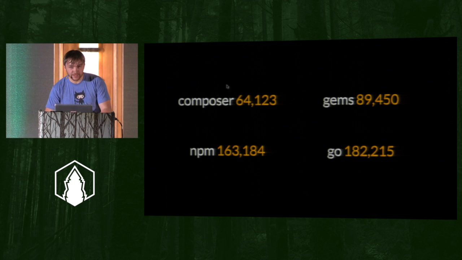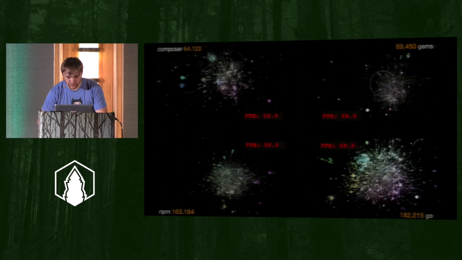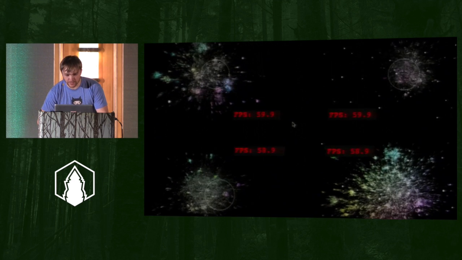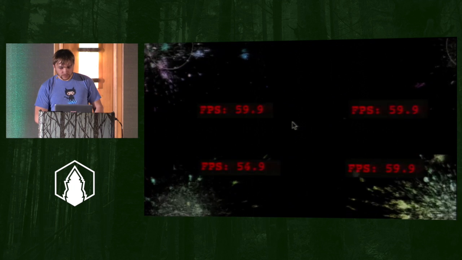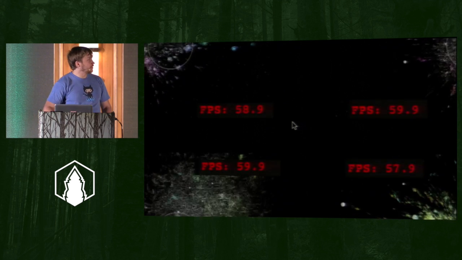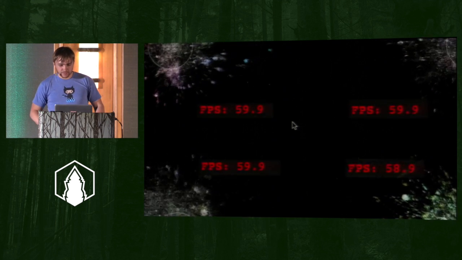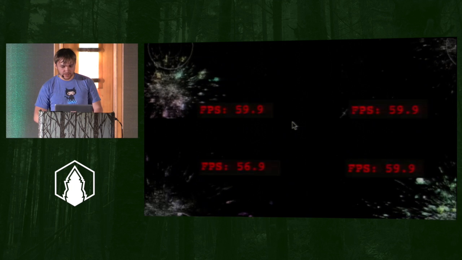Composer with its 65,000 dependencies, Ruby Gems with 90,000 dependencies, NPM with 163,000 packages, and Go with 182,000 packages. Ready? So this is visualization of all these package managers, and this is FPS. Most of them are rendered at 60 frames per second. So this is very, very fast.